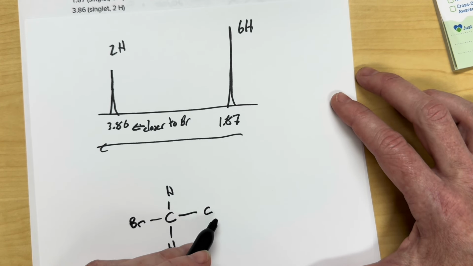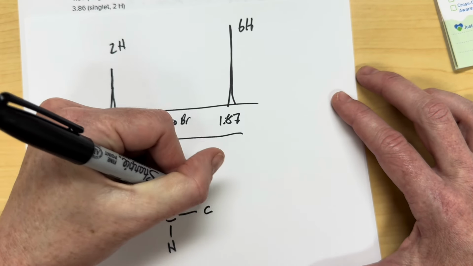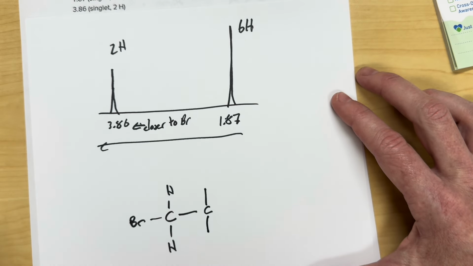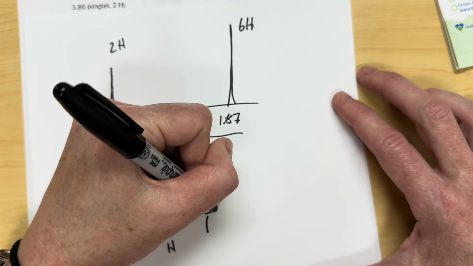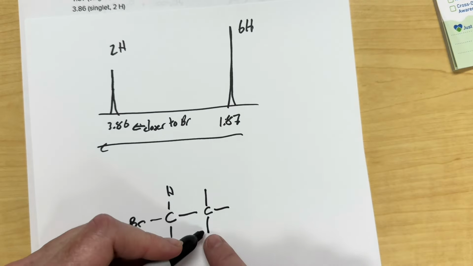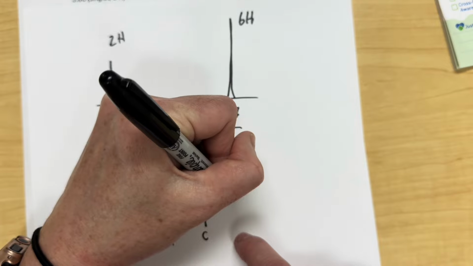If this carbon has no neighbors on it, then remember there's only 4 carbons. One of them must be attached to something else. None of those can be hydrogen. But there's only 4 carbons. So this one must be attached to a carbon, this one must be attached to a carbon, and this one must be the other bromine.